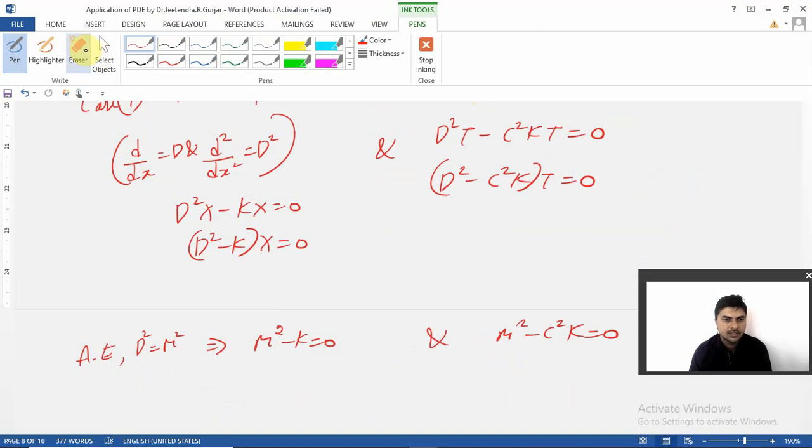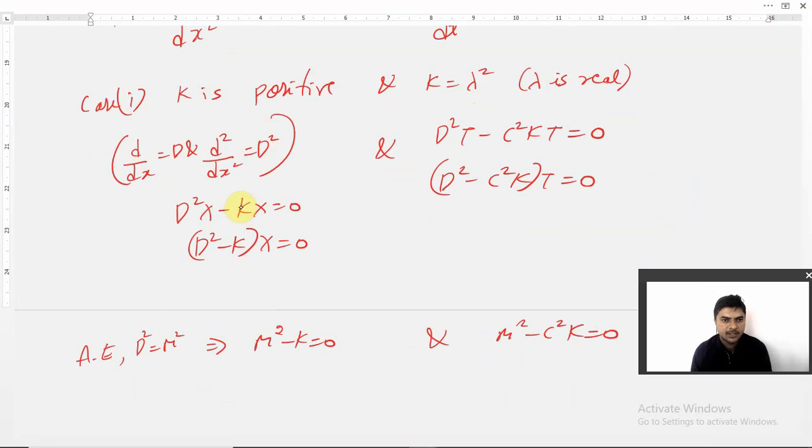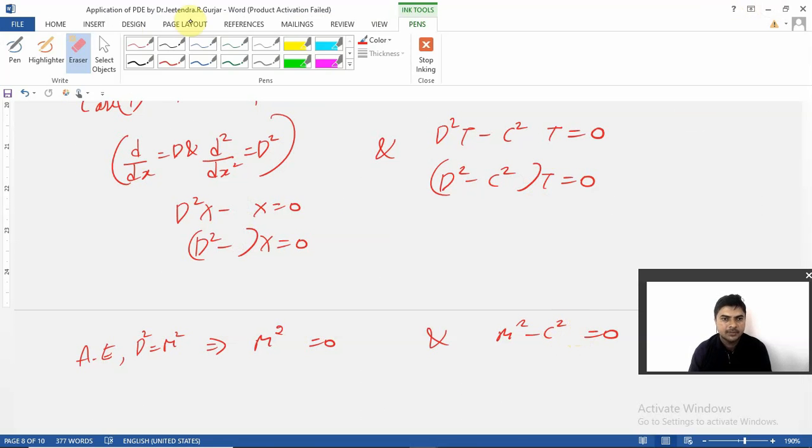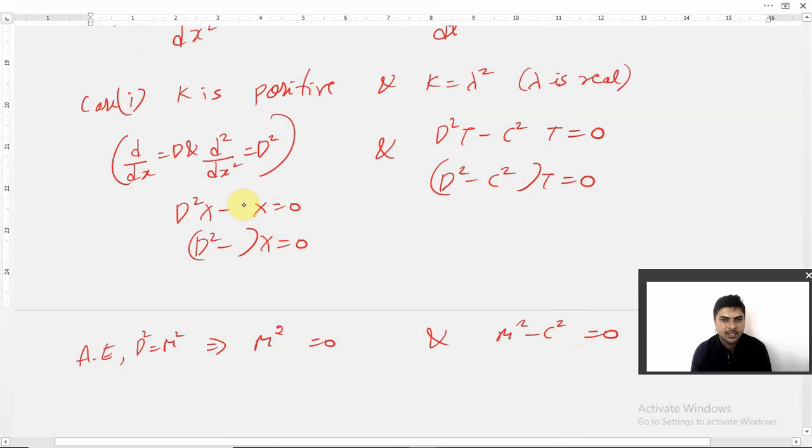Wherever k you have taken, just make this lambda. Lambda is real, so that is why we have taken this as lambda. So please make the changes here. This will be lambda square.